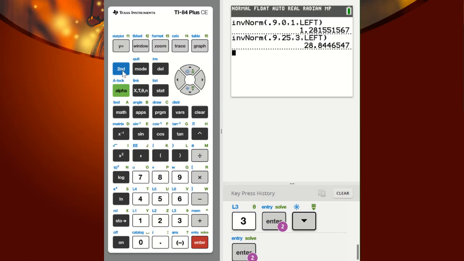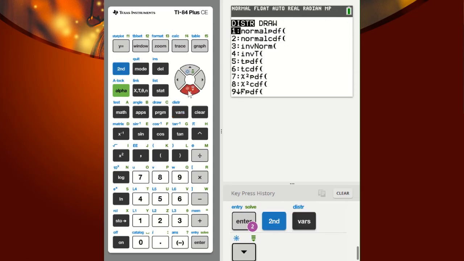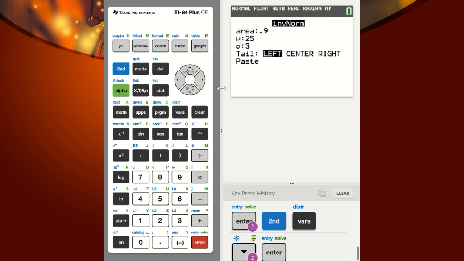What's cool about the TI-84CE, which is different than the 89, is this tail thing. So I could actually ask, what is the weight of gerbils such that 10% of gerbils weigh more than it? We should know this answer because we just did it with 90%. 0.9 plus 0.1 is 1.